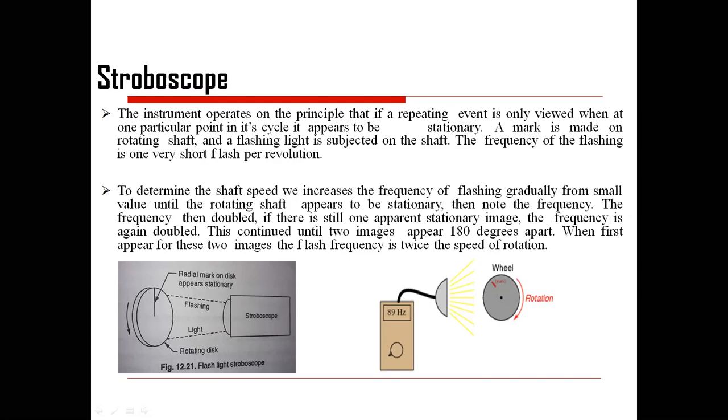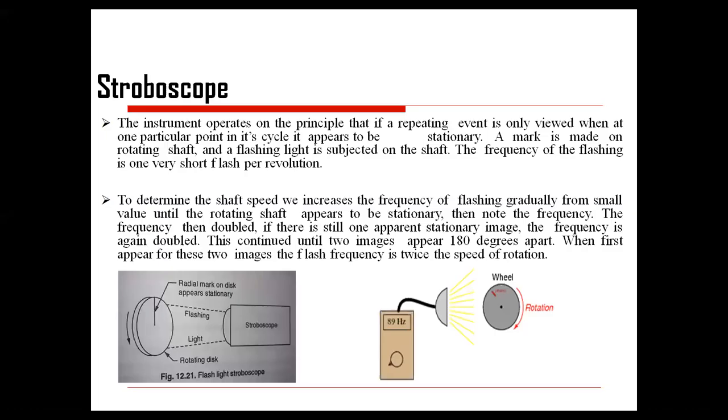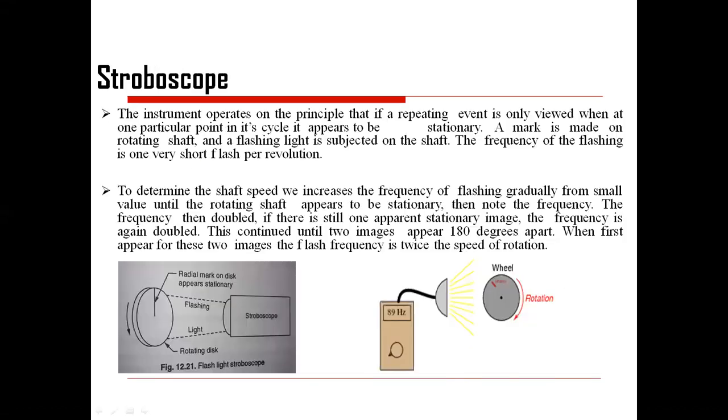A mark is made on a rotating shaft, and a flashlight is used, and the frequency of flashing is varied. Okay, now over here, if you try to observe, here is the mark, and this is the flashing light.